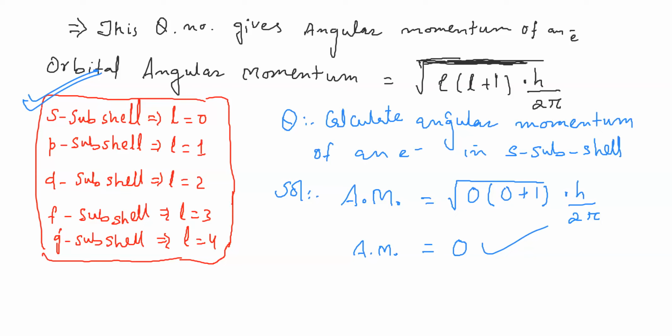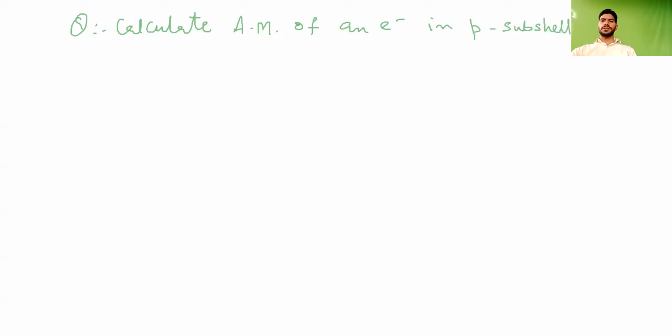Okay. So now let's see how to calculate the angular momentum in case of P subshell. I will write it here: calculate angular momentum of an electron in P subshell. So can you calculate the angular momentum in P subshell?